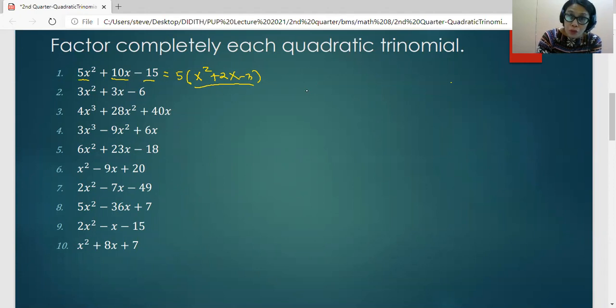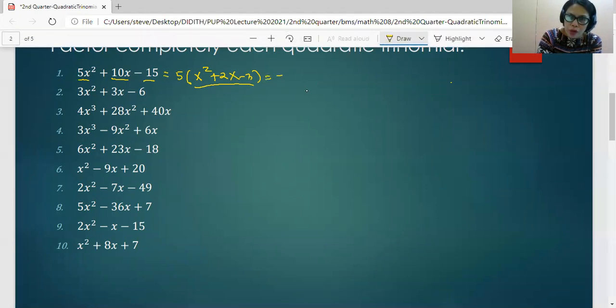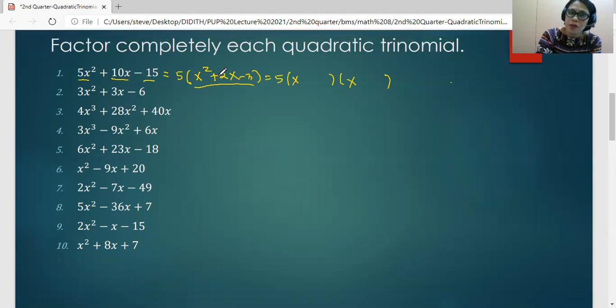So for us not to forget that 5 is one of the factors, we have to rewrite 5 here. And then we are expecting two binomial factors from this trinomial factor. So this would be x, and then this would be x also. Now this is negative, so we're expecting a negative and a positive factor. And the middle term is positive. So positive would mean adding two unlike factors since this one is negative 3.